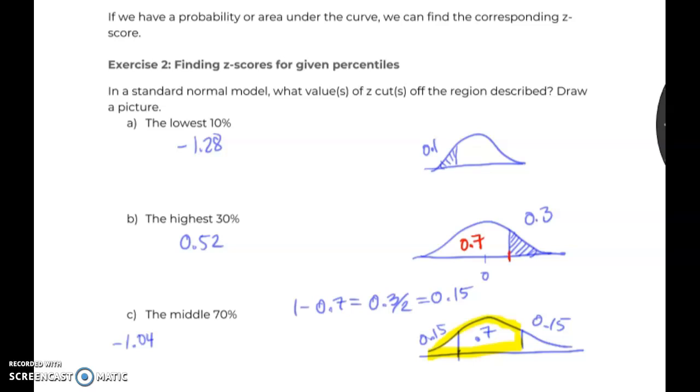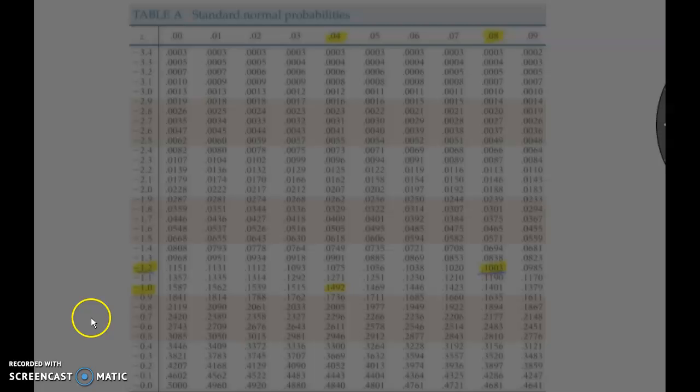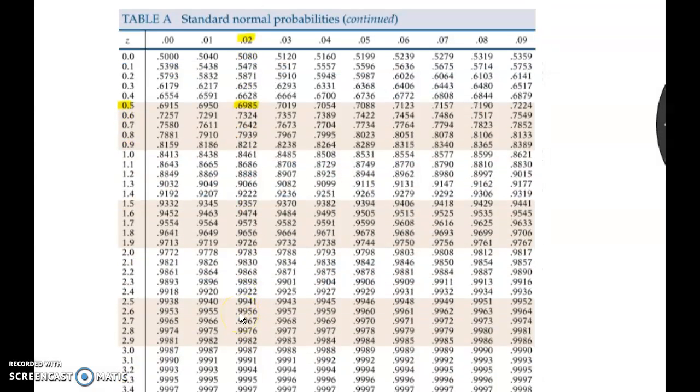And then we can do the same thing on the positive side with 0.85. Again, looking at the center of our table, the value that's closest to 0.85 is 0.8508.